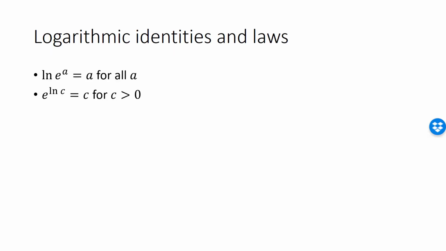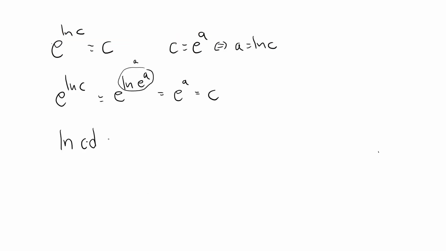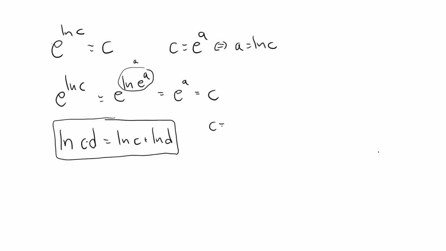We have rules for the logarithm of products, ratios, and powers which are identical to the case of the common logarithm. That is, the natural logarithm of a product of two numbers is the sum of the natural logarithm of the numbers. To show this, write c equal to e to the a and d equal to e to the b.